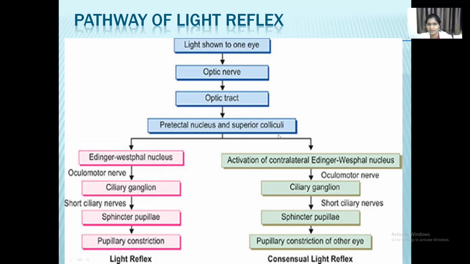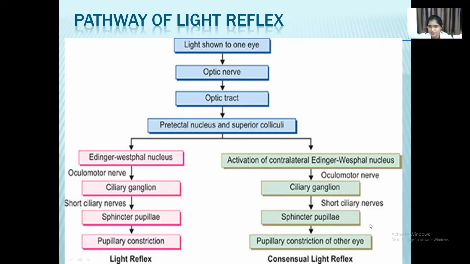So another one is, after activation of the pretectal nucleus and superior colliculi, then activation of the contralateral Edinger-Westphal nucleus, then it stimulates the oculomotor nerve and ciliary ganglion, and it acts on short ciliary nerves.